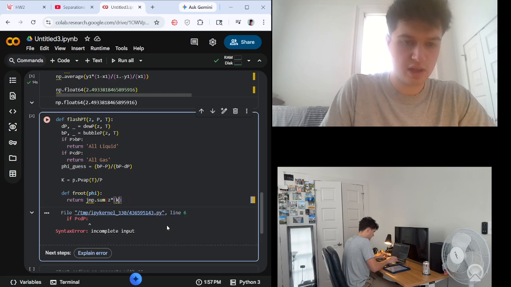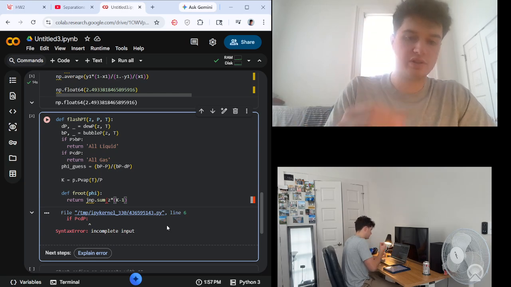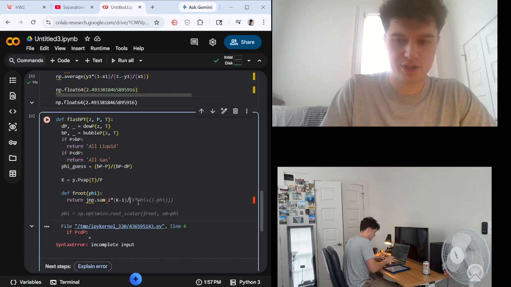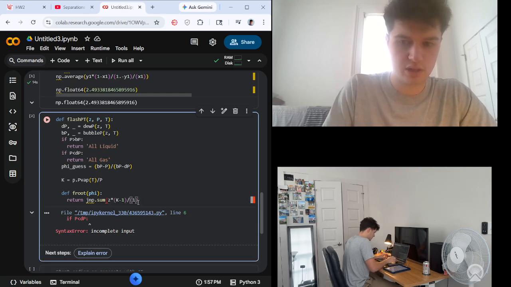This is because when you know one part of K, the other one's going to be minus 1 because that will finish out your vapor fraction. And then we want 1 plus phi times our K minus 1.